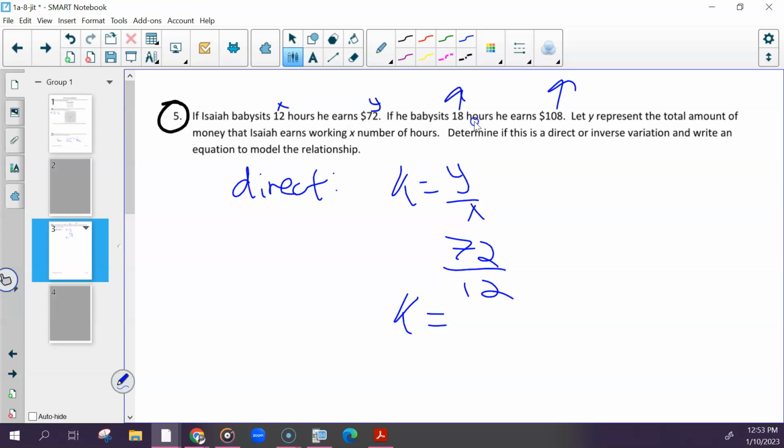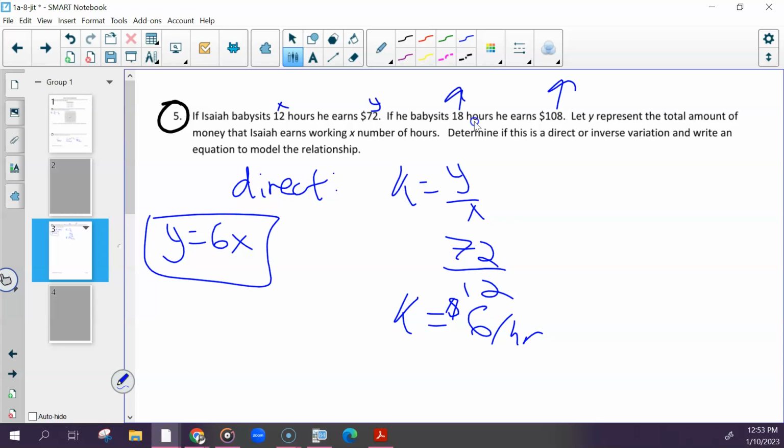So that would be $6 per hour. So our equation would be y equals 6x. That means for every hour we could put in and see how much money he's going to get at the end. Other questions on that one?